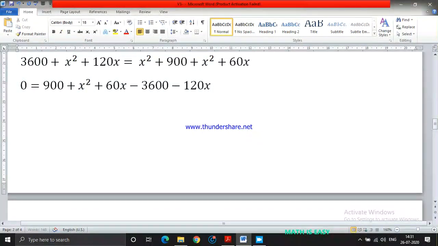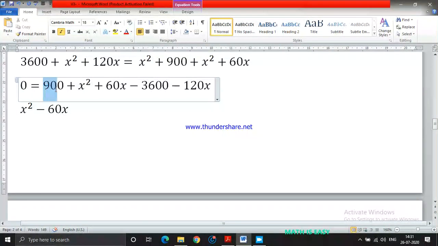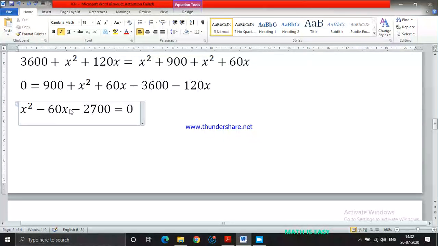Now let me simplify the further step. Let's see what you get. If I write the terms in the standard quadratic equation form, you have x square. What about the x term? This is plus 60 and this is minus 120. So 60 minus 120 is minus 60x. This is 900 minus 3600. If I simplify, I think I'll get minus 2700 equals 0.